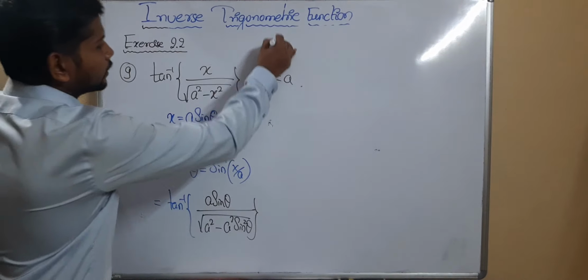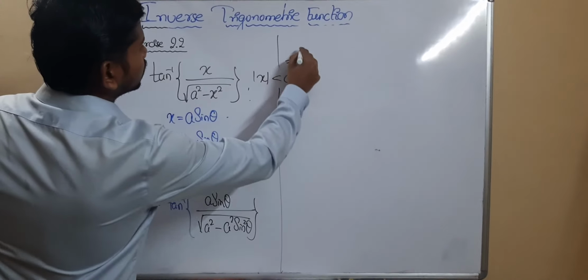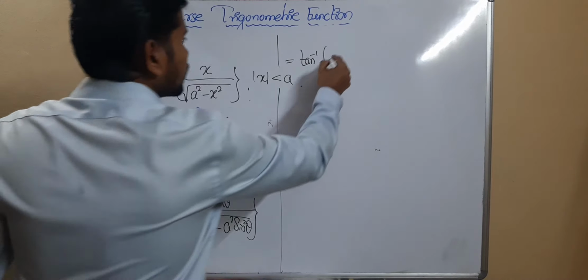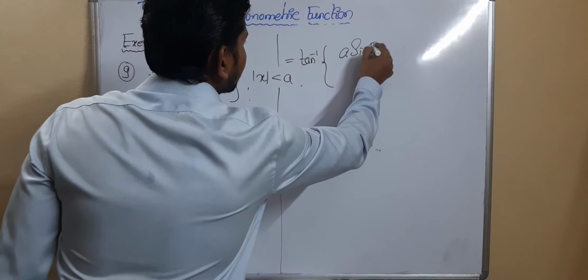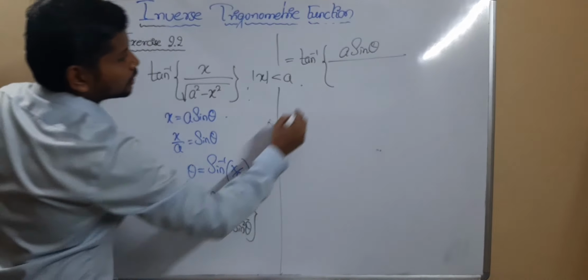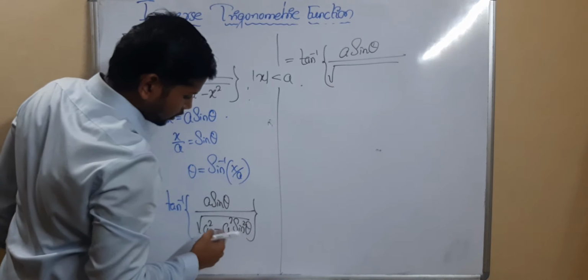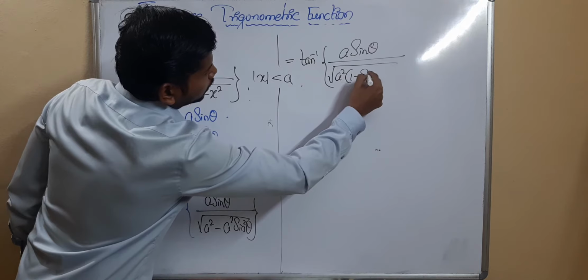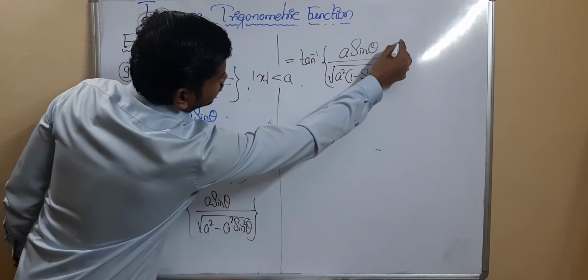Now what about the next condition? It is tan inverse of the numerator, a sine theta as it is, no change in that. In the square root, what is the common term? A square is a common term. What is remaining? 1 minus sine square theta, which is cos square theta.